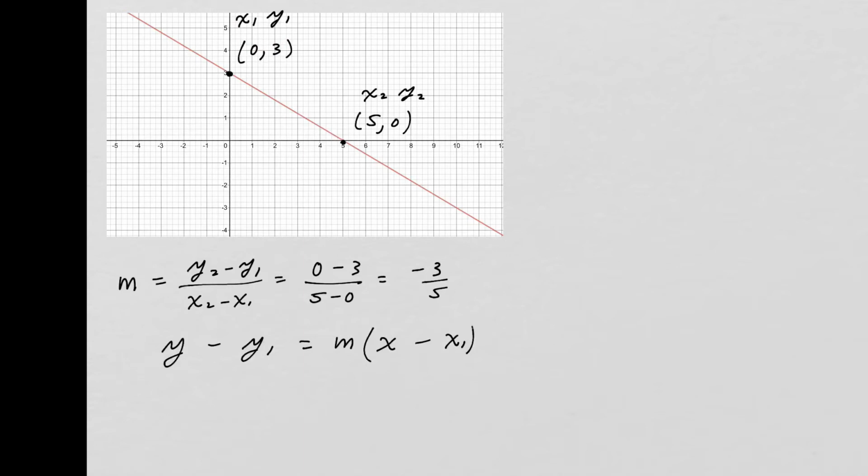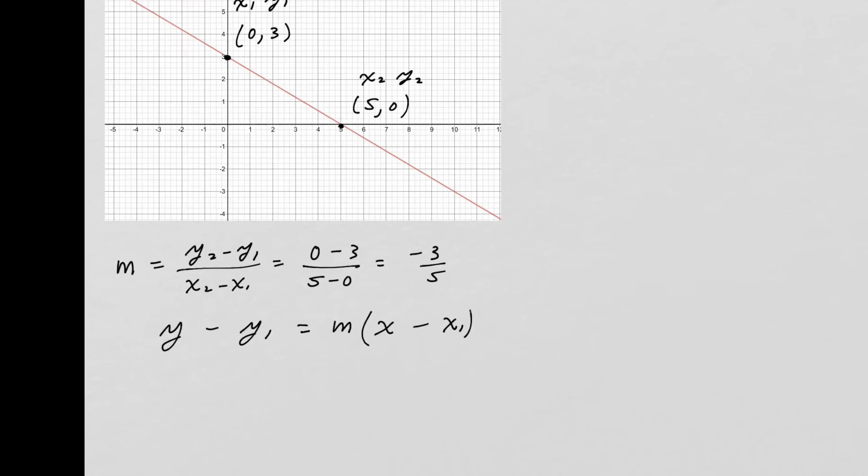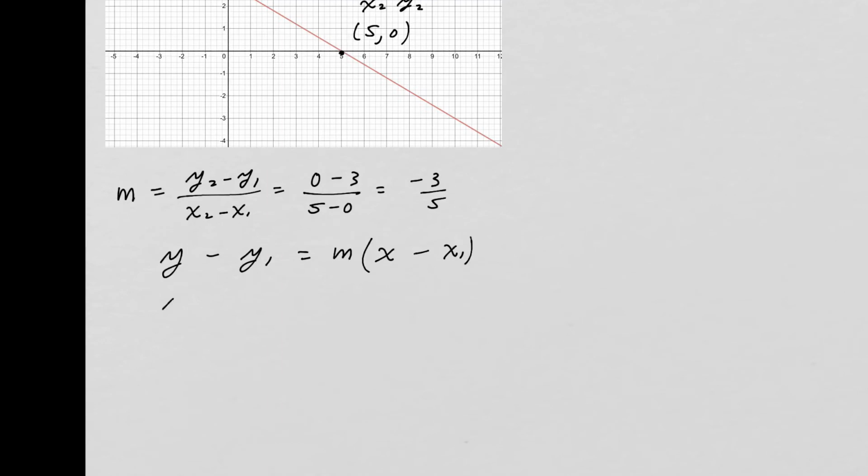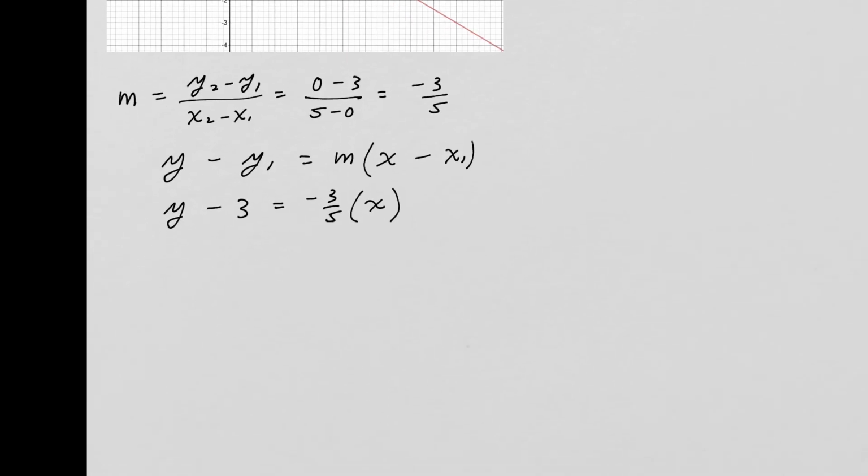And I already have it actually labeled x1, y1. So this will be y minus 3 equals negative 3/5 times x minus 0, which is just x. And then all I need to do is add 3 to both sides. And I have what I want. y equals negative 3/5 x plus 3. So that's the equation of the line.